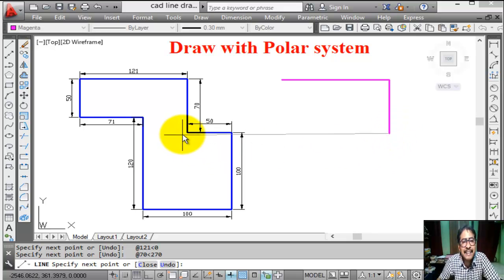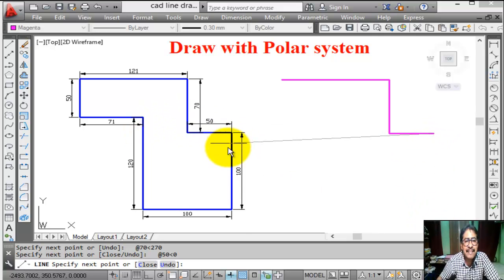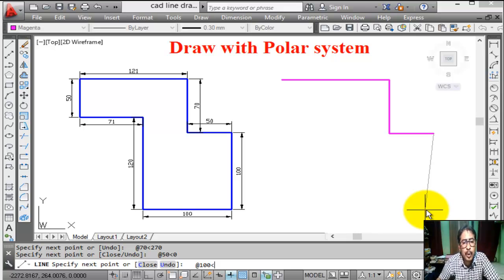Okay, next this line is at the rate of 50, this dimension is 50, at the rate of 50 angle is 0. Okay, next this line is 100, at the rate of 100 angle less than 270 or minus 90.